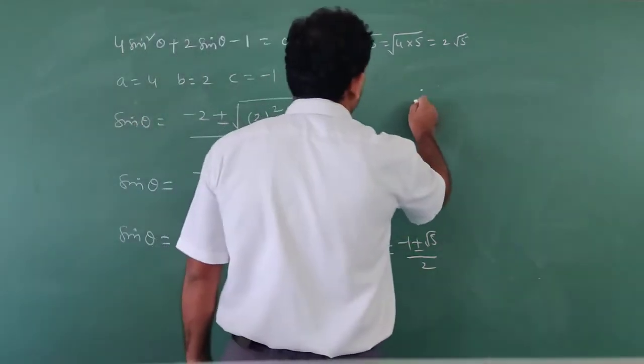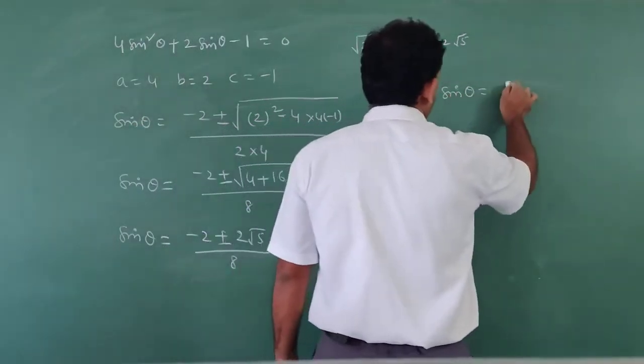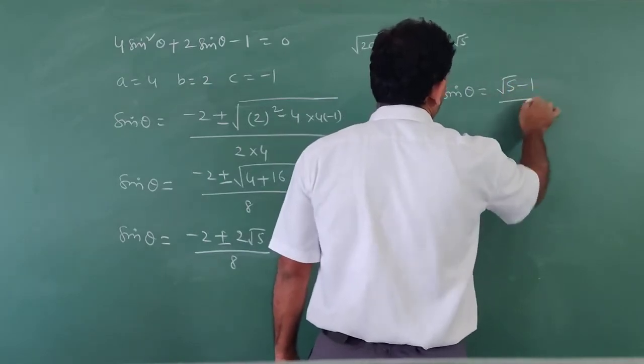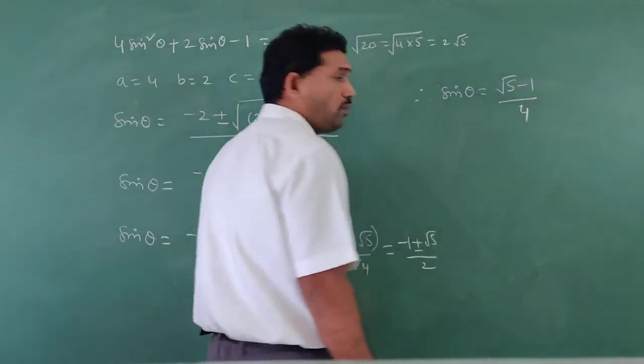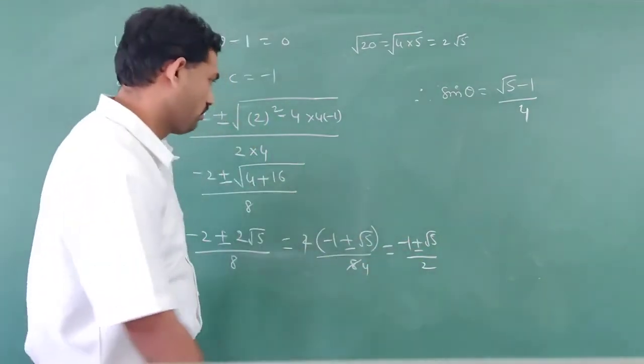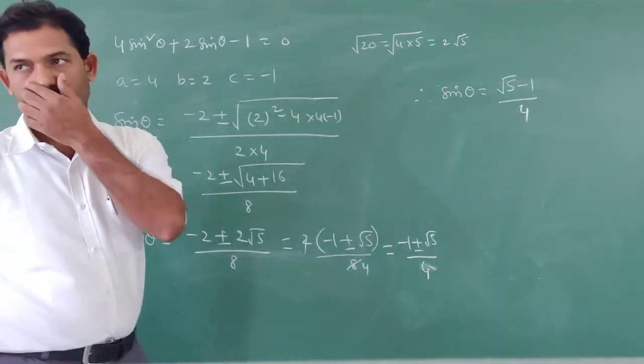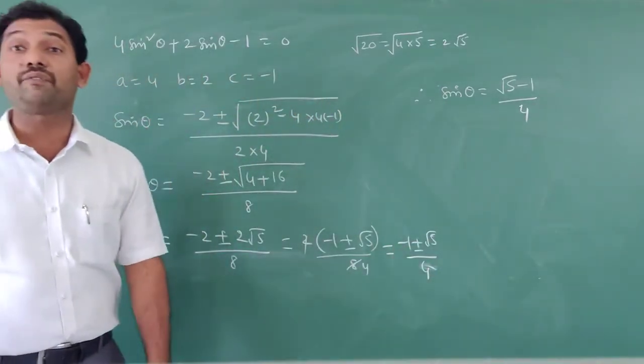Therefore, sin theta is equal to root 5 minus 1 divided by 4. You take only the positive value. So that is the theta we consider.